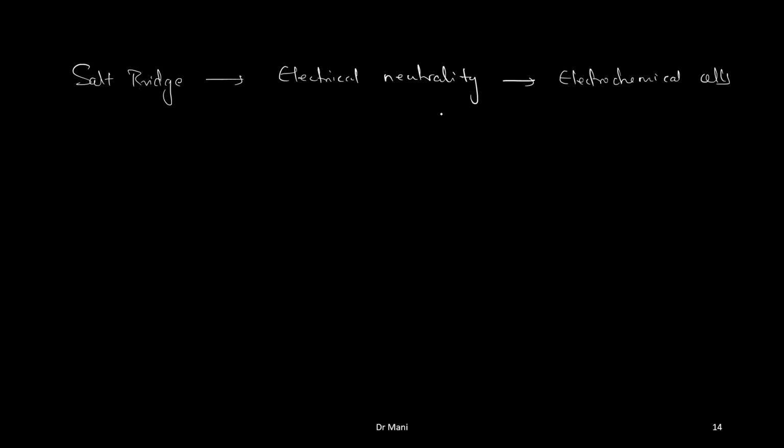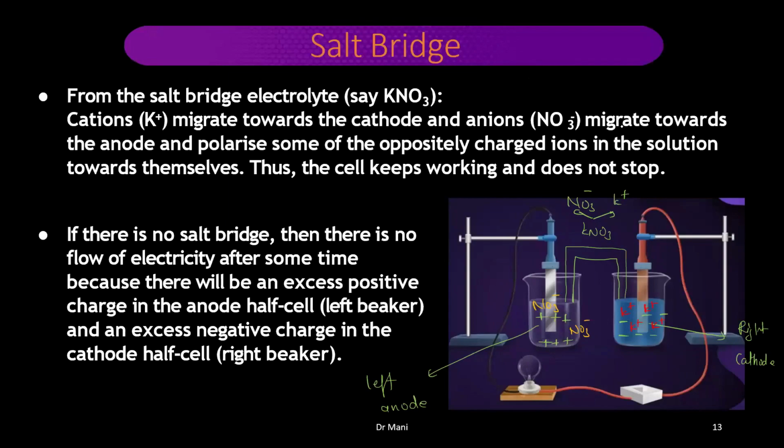If the electrical neutrality is there, there will be continuous flow of current. If there is no salt bridge, then what happens? There is accumulation of positive charge and accumulation of negative charge, and then there will be no continuous current flow.